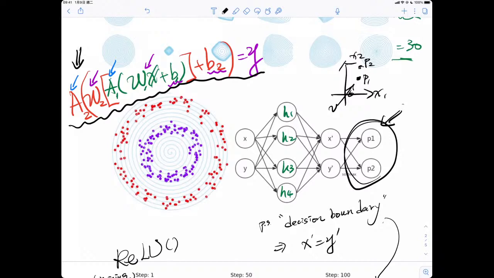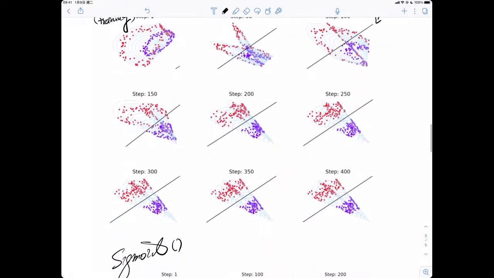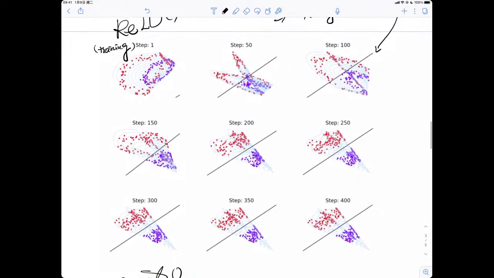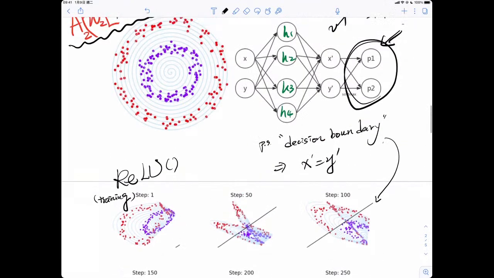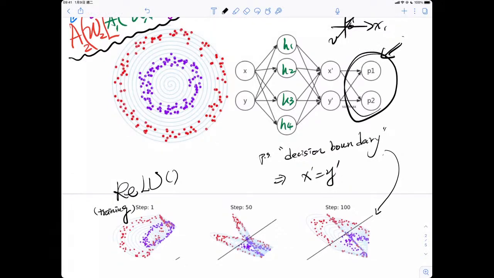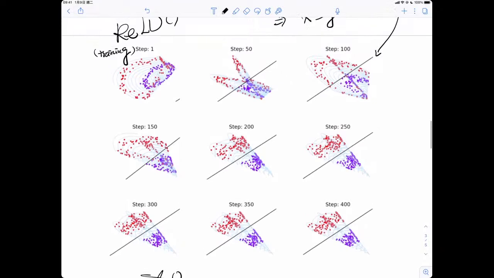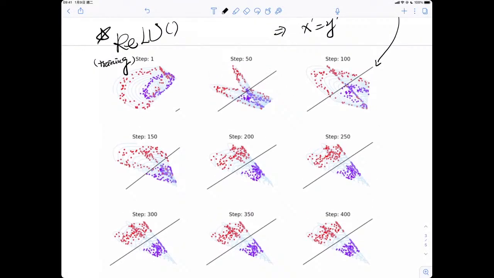So take a look at the following figure. I think that's very, very important. For example, we have a very simple neural network like this one: X, Y, and 4 hidden neurons, and then X, Y, prime Y, and we have a softmax. If we apply ReLU right here, the step here is about how many partial differentiations, how many parameters we tune for this neural network.